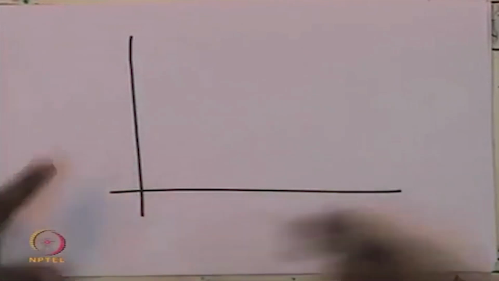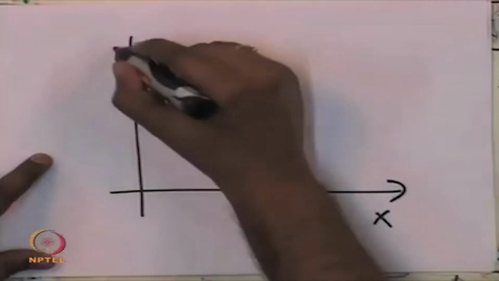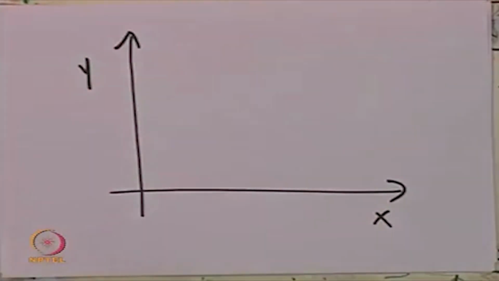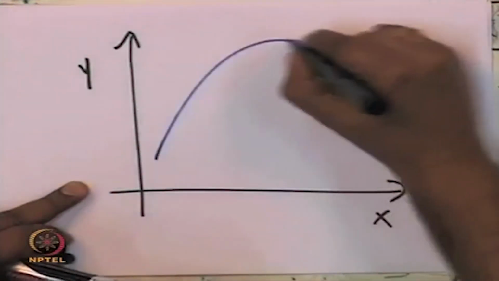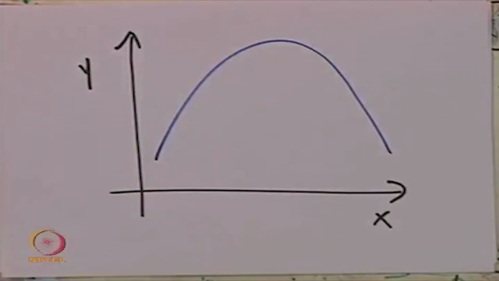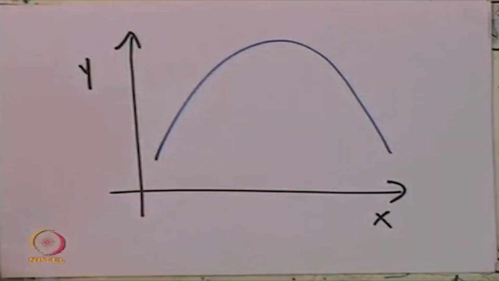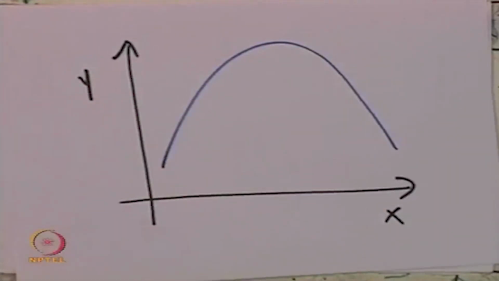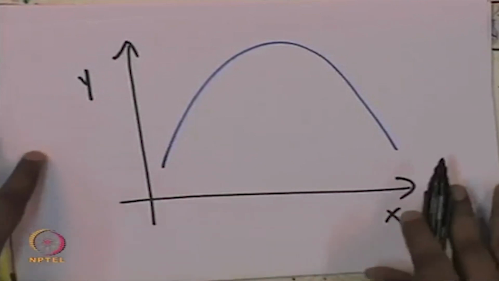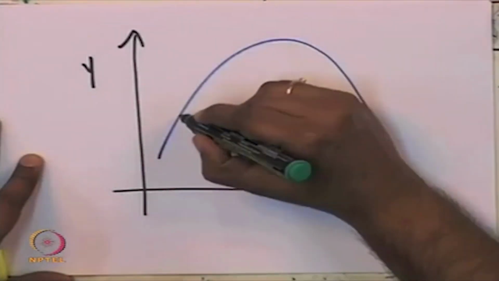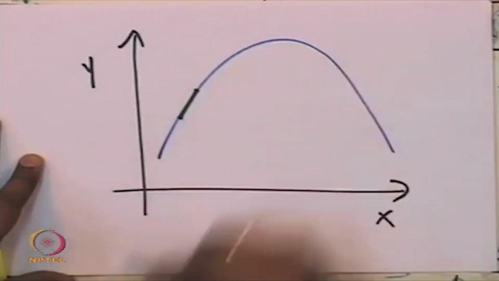The curve we have, so we have x axis and y axis, and we have a curve which looks like this, and let us calculate the slope at different places. So, let us first calculate the slope here. This is the point.